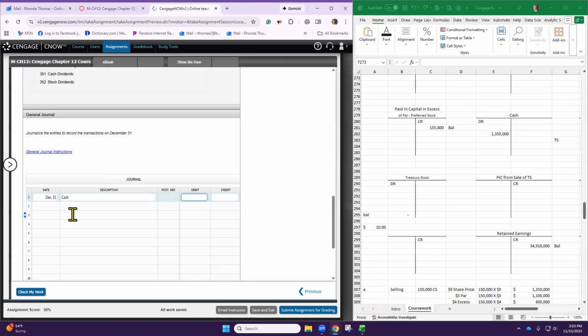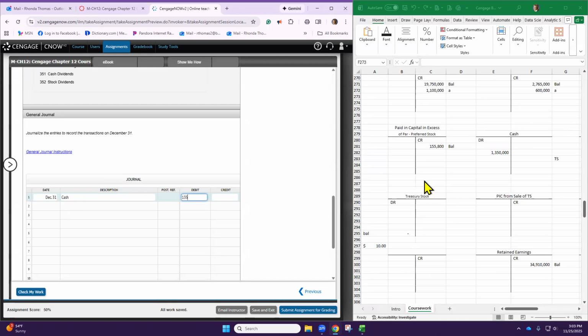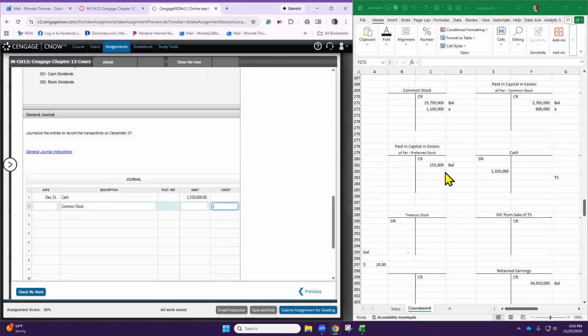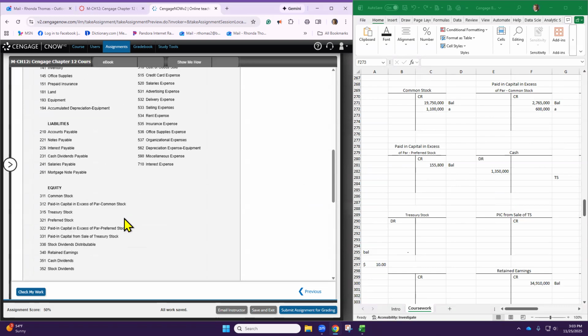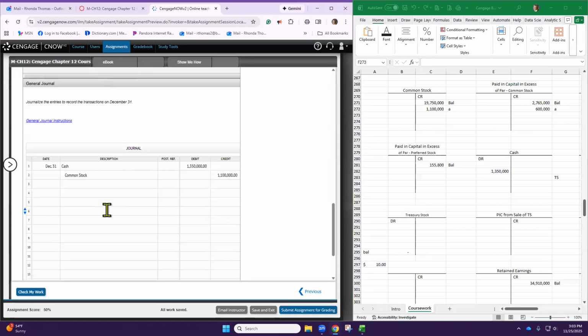So cash is coming in for 1,350,000, and common stock gets a credit for 1,100,000, and then we want paid in capital in excess of par, common stock. This is going to be the 600,000.